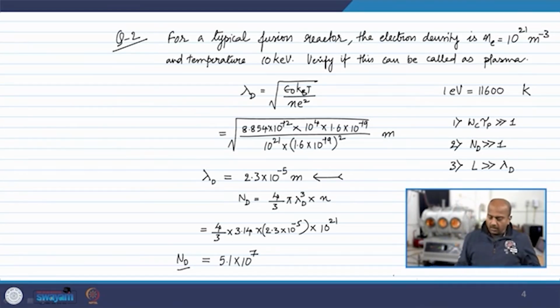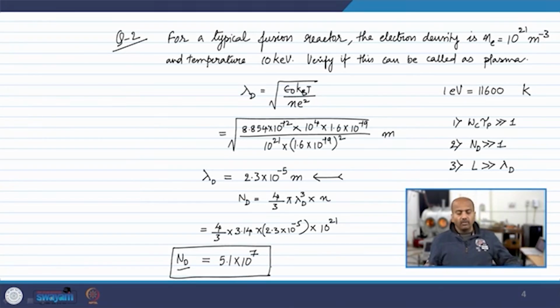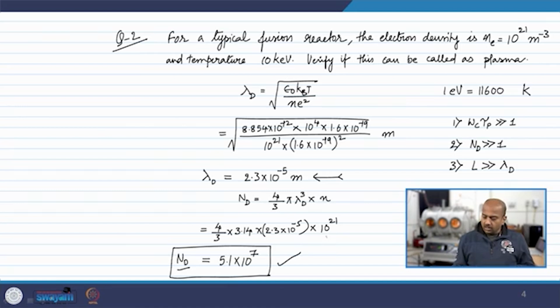So, you can see that the plasma parameter is very, very large, which means within the Debye sphere, there are a lot of charged particles, electrons or ions. So, conclusively, since this condition is valid, we can say that this particular ionized gas which exists within a reactor can be given the name of plasma, right.